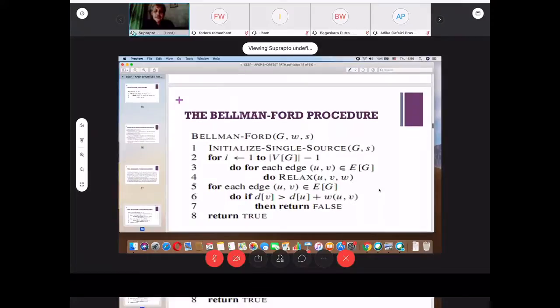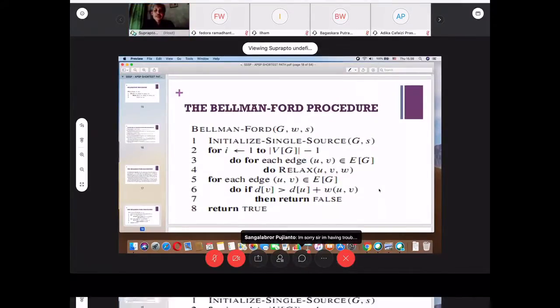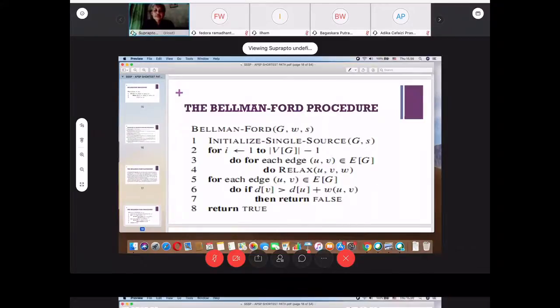And this is the pseudocode of the Bellman-Ford. The algorithm takes 3 arguments: the name of the graph, the weight function, and then the source vertex. First, the Bellman-Ford algorithm calls initialize single source. Remember this.